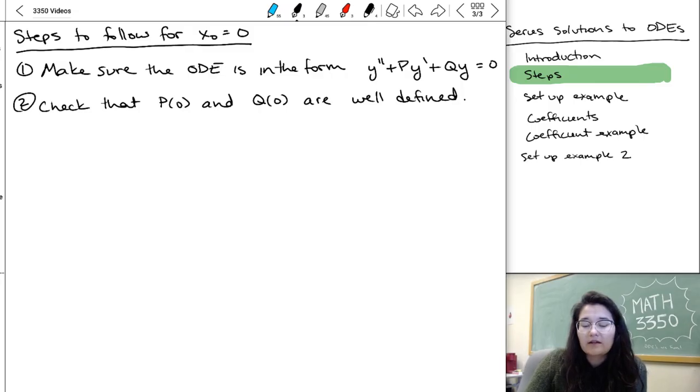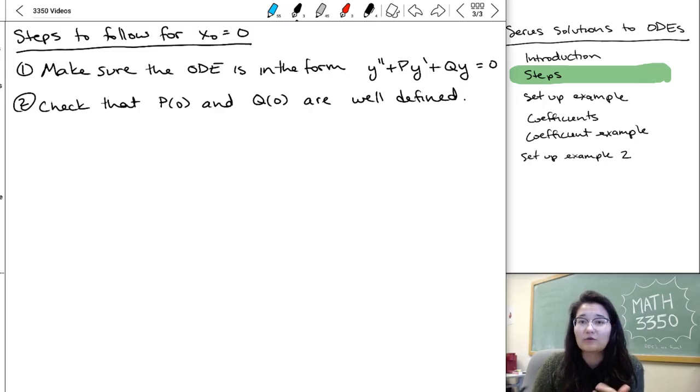Like when we did those initial value problem theorems for existence and uniqueness, it's okay if there are other points where they're not well defined. Suppose you have an x minus 4 in the denominator, so 4 is a bad value. Those are okay. It just affects the radius of convergence where your solution is guaranteed.